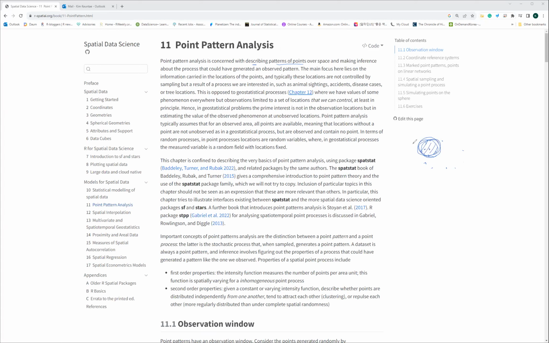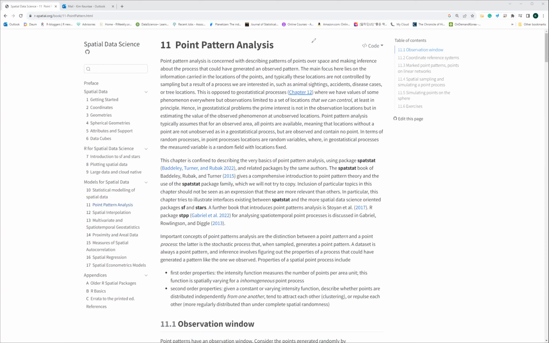When we try to describe or analyze the pattern, and the variation of the intensity of the points, we use point pattern analysis.